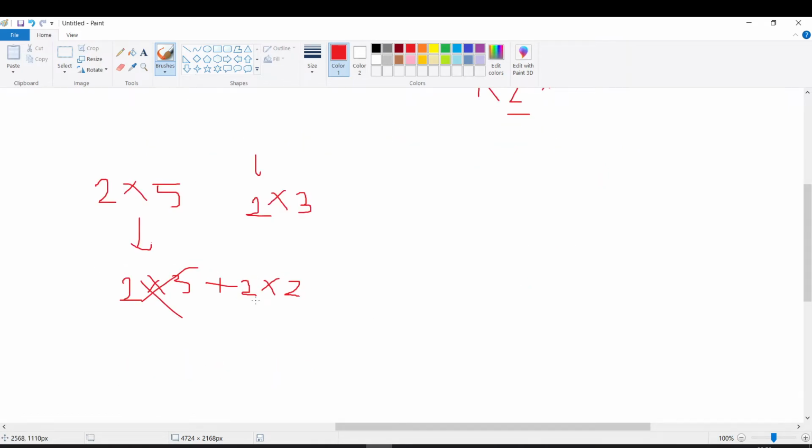So this one will go, and we're getting 4, which will be okay. 6, 18.